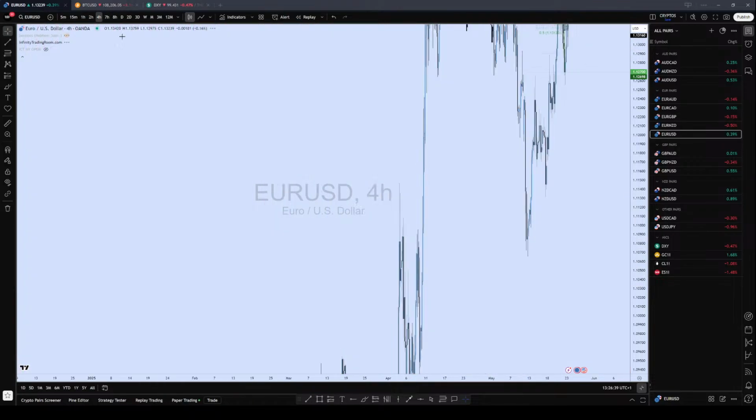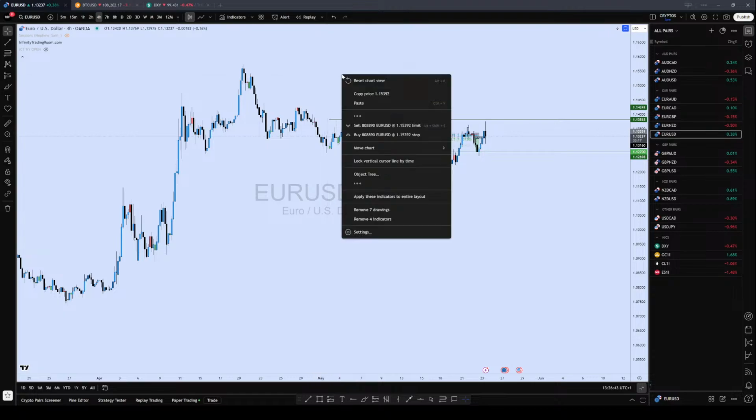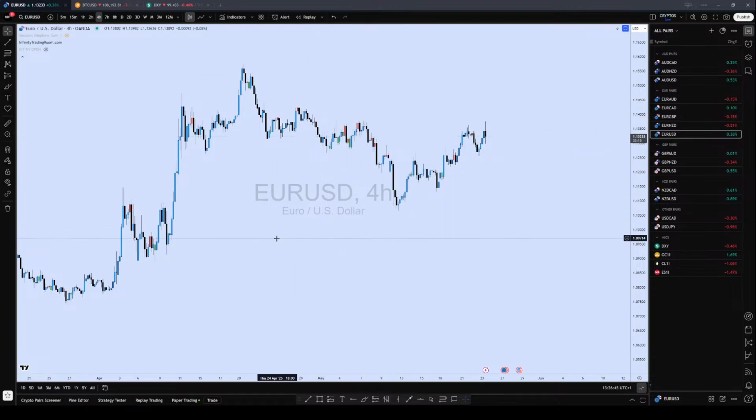Let me go to the lower time frame. Okay, let's say you're looking at price like this, and then price is coming down. Or let's use here, when price was coming down.